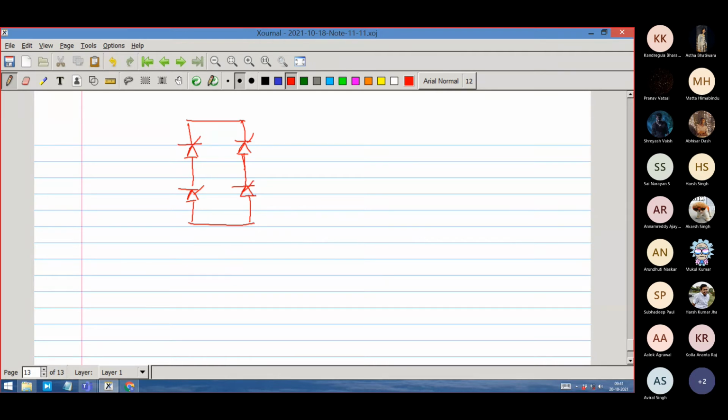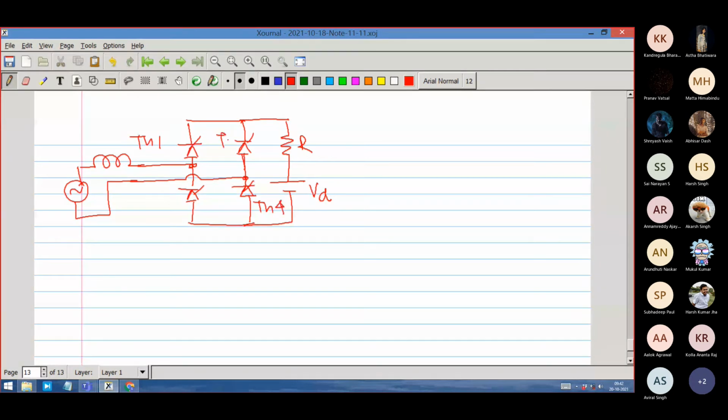Whether that inductor is a leakage inductance or whatever it is, this is R and this is VD, but in the source side the inductor has come. Suppose it is like that. Then what qualitative or quantitative differences can we think of, and how to analyze it? TH1, TH4, TH2, TH3.